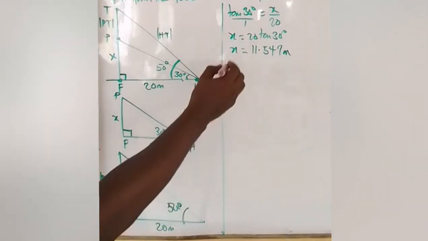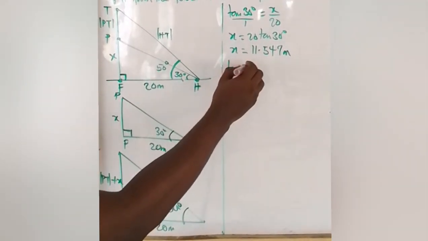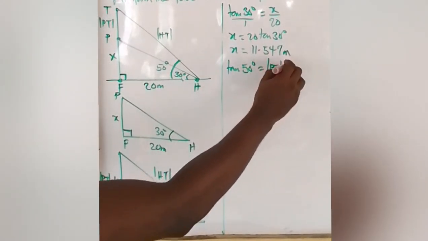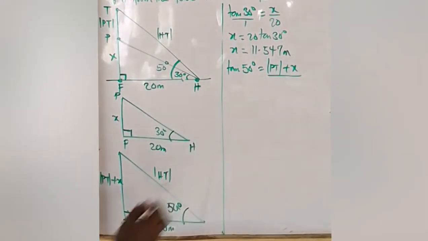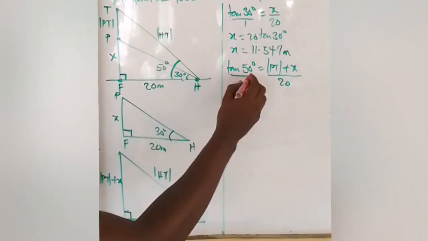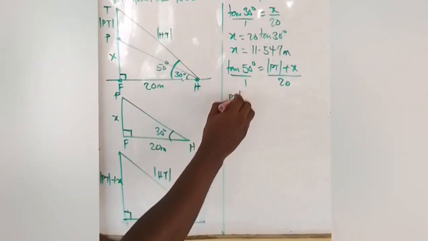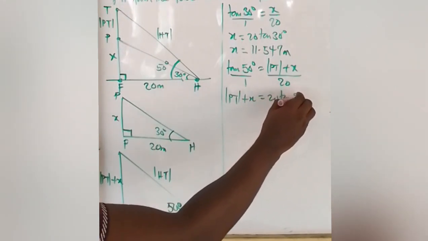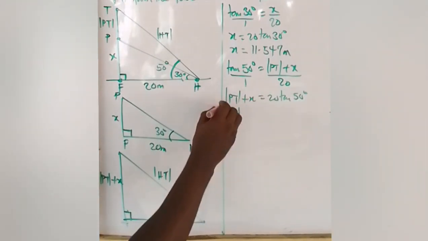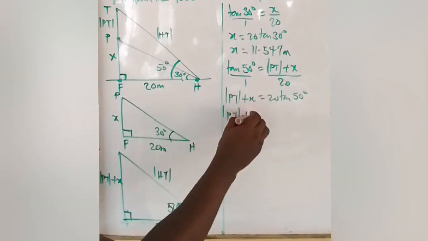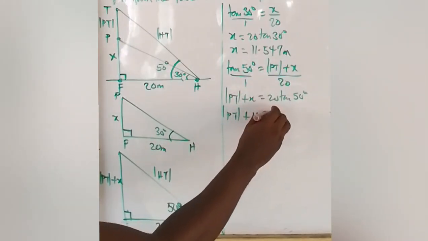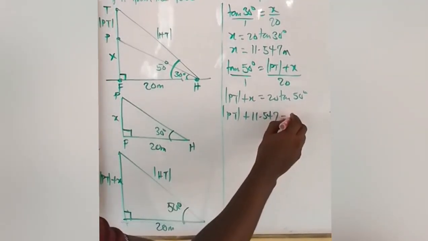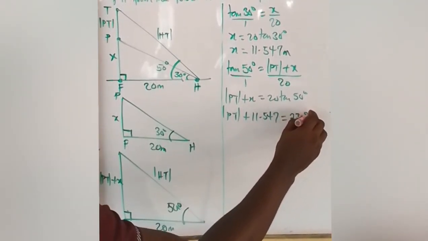This is the opposite. So when you use tan 50, what is the opposite? PT plus X, over what is the adjacent? 20. Cross multiply. It means PT plus X equals 20 tan 50. So PT plus what is X? 11.547 equals what is 20 tan 50? 23.835.